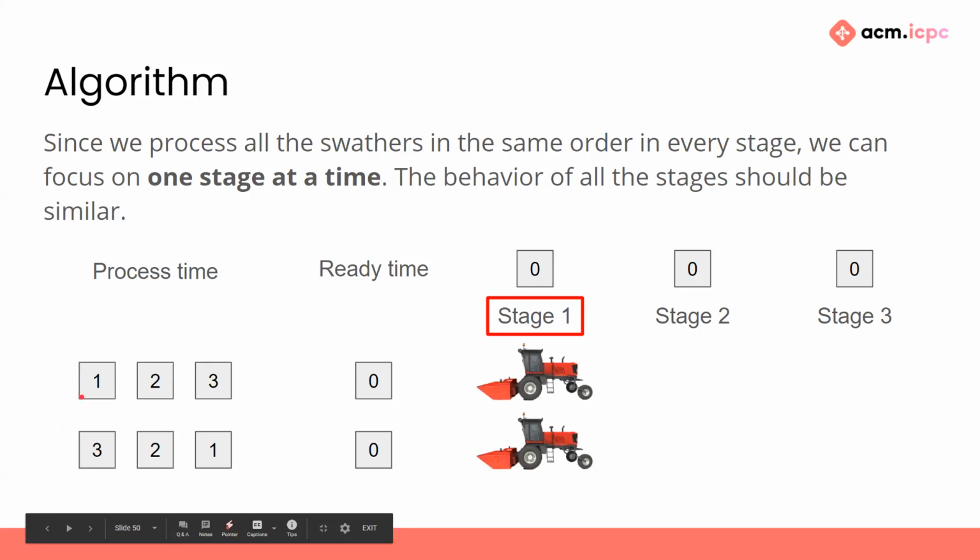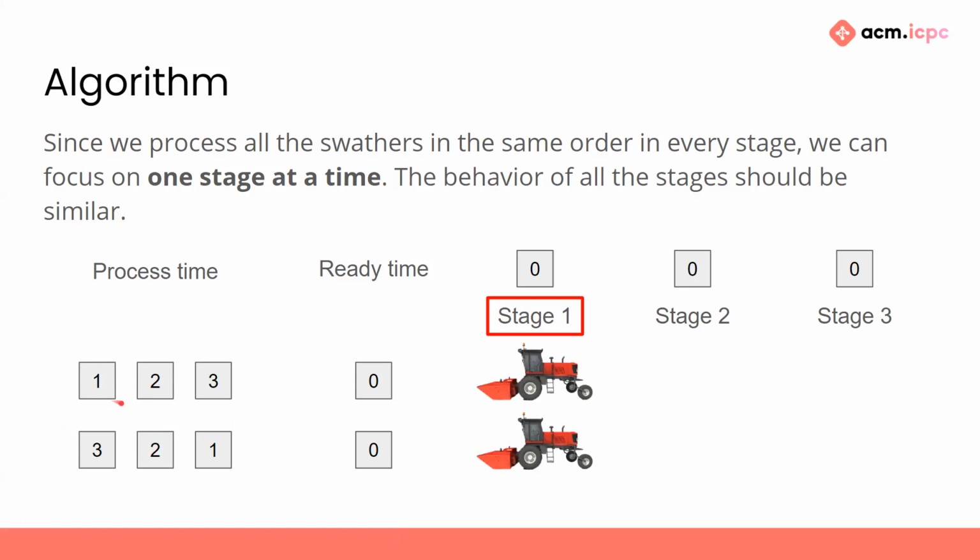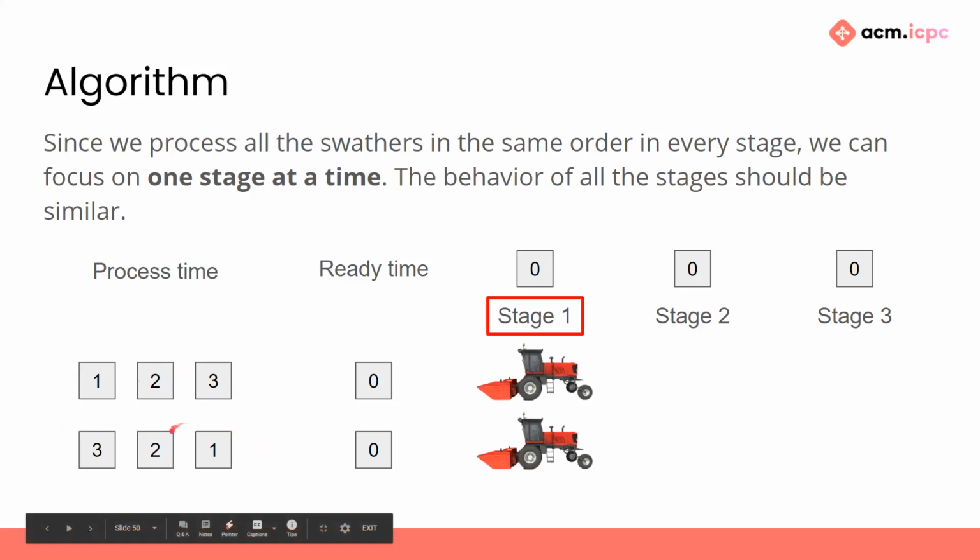This is the time it takes to process the first swather in stage 1, the time it takes to process the first swather in stage 2, and the time it takes to process the first swather in stage 3, and so on and so forth. On the right side, we have stage 1 with 2 swathers. Initially, there are no swathers in stage 2 or stage 3, so they are empty.